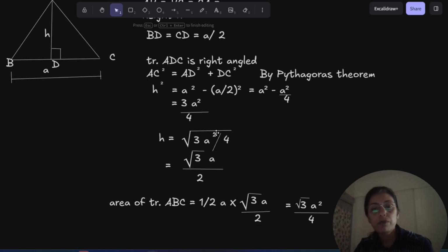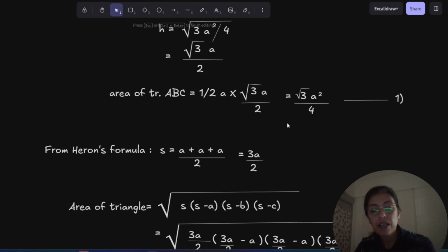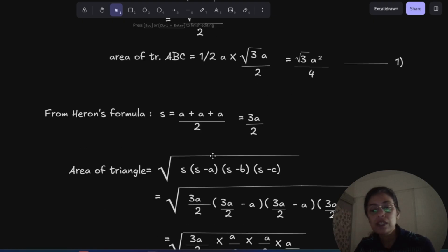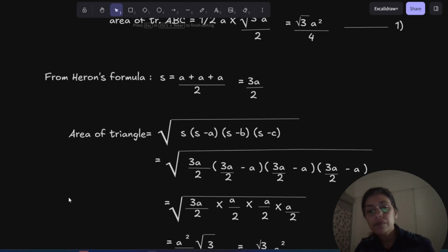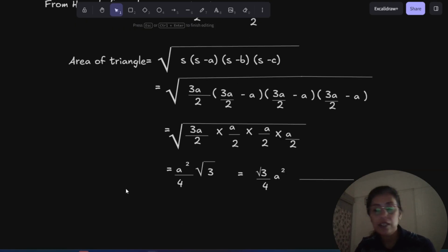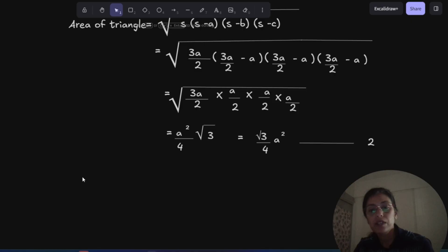We had proven half of b into h multiple times. So when we put Heron's formula to the equilateral triangle, we see that it is giving the same answer, right? So this means we can use Heron's formula for any triangle where we know the length of its 3 sides, but we don't know the length of its altitude or its height.